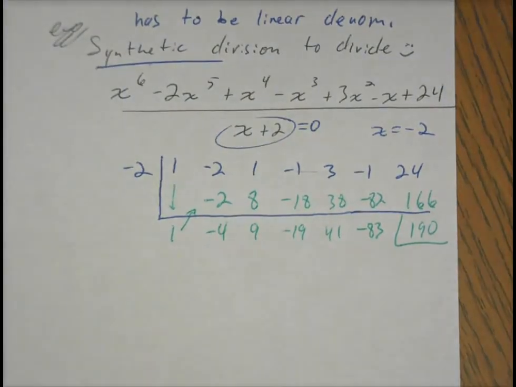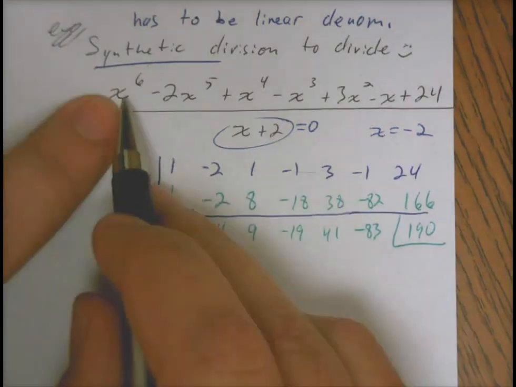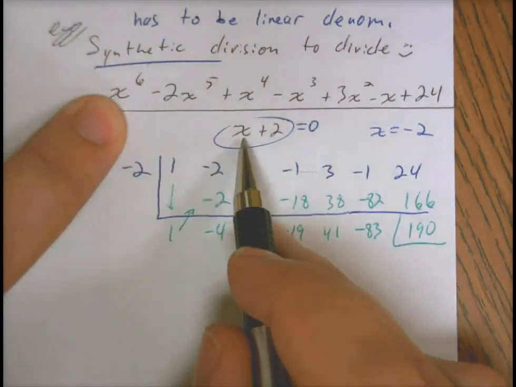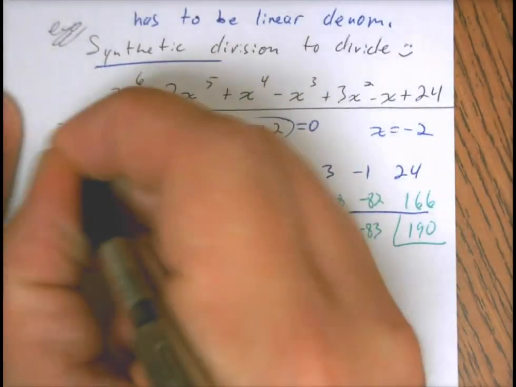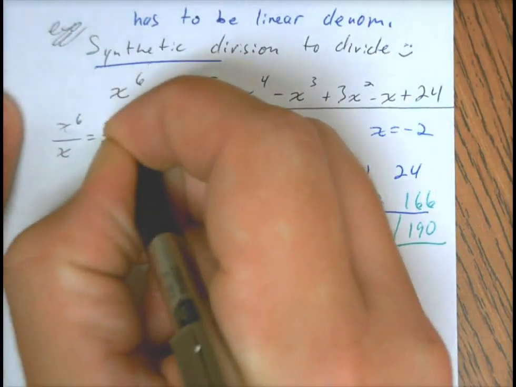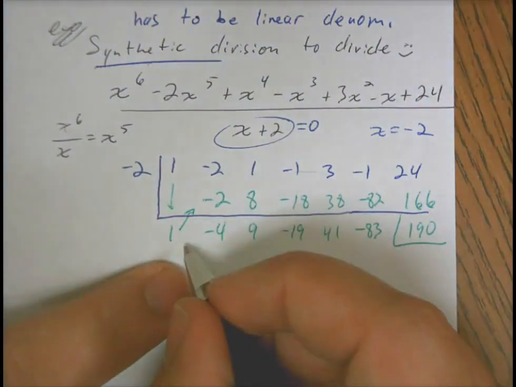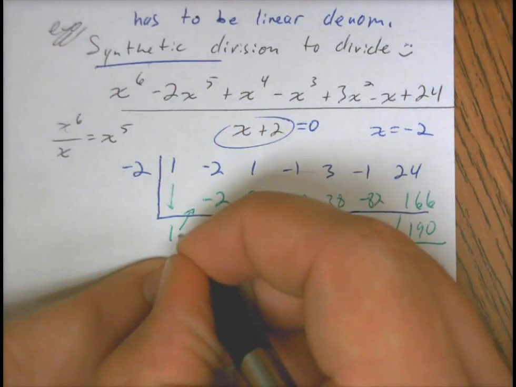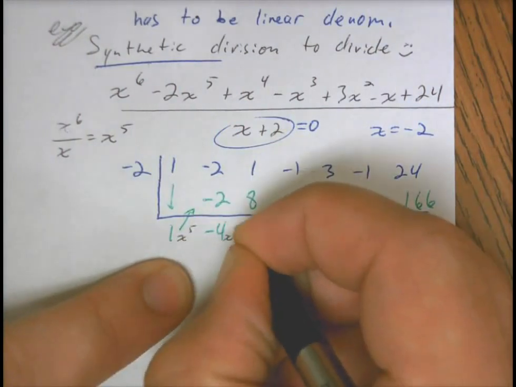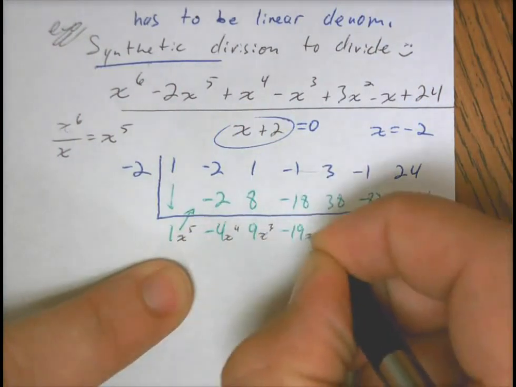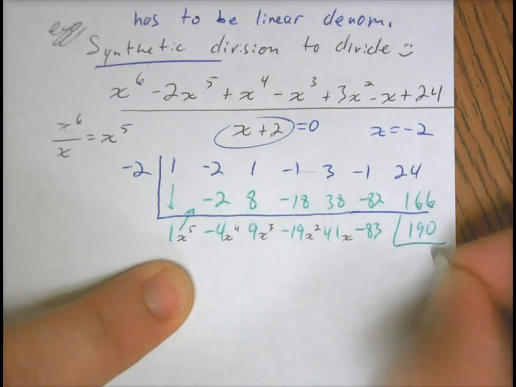Now we started out with x to the 6th, and we divided an x out of it. If you have x to the 6th and you divide by x, you really just have x to the 5th. So this is going to go right in order: x to the 5th, x to the fourth, x cubed, x squared, x, nothing, and remainder.